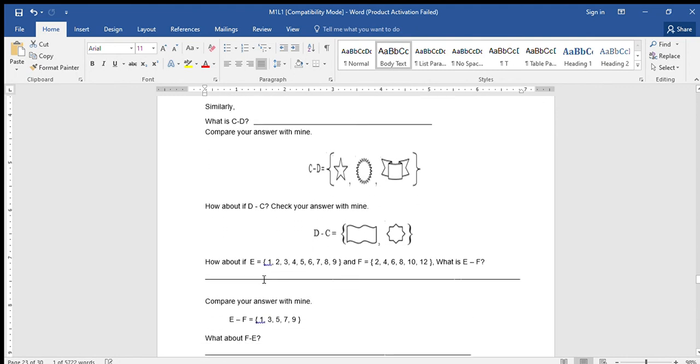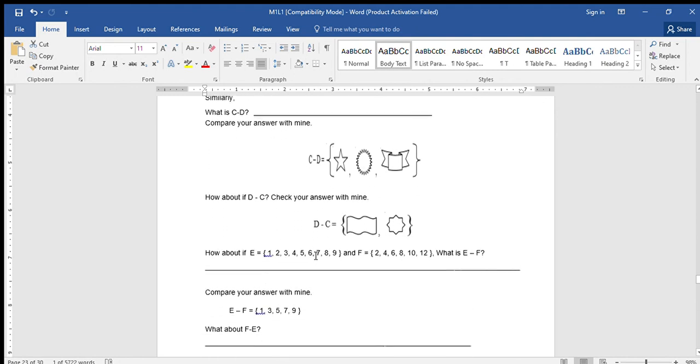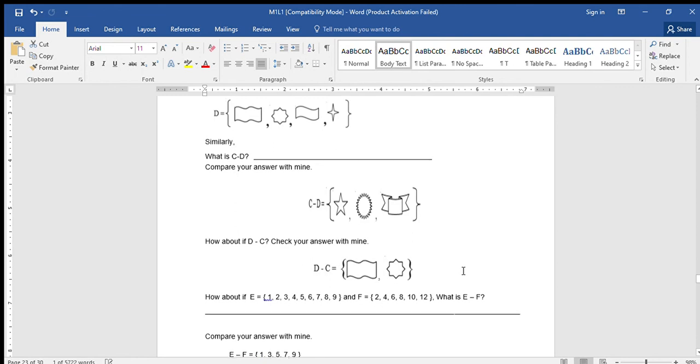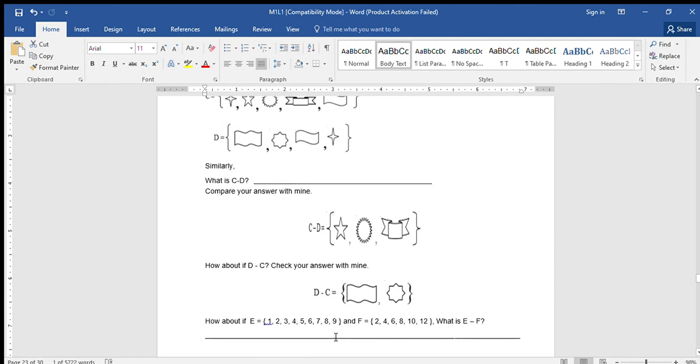Okay, how about if E is equal to 1, 2, 3, 4, 5, 6, 7, 8, 9, and F is equal to 2, 4, 6, 8, 10, 12. What is E minus F, guys? We have 1, 2 is not included, 3, 4 is not included, 5 is included, 6 is not, 7 is included, 8 is not, 9 is included.